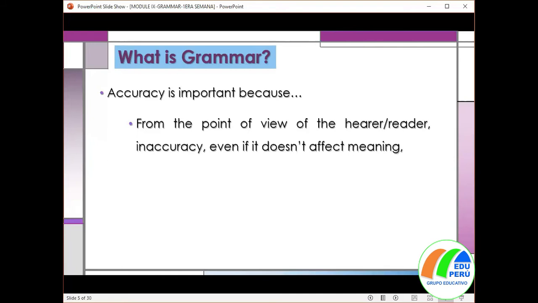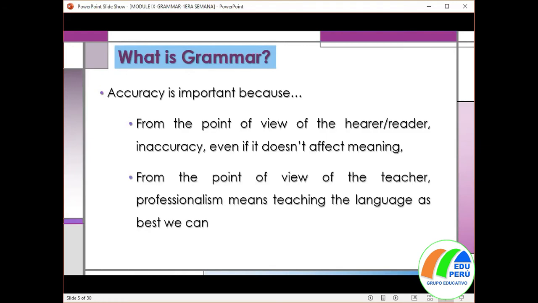Notice, inaccuracy that doesn't affect the meaning is not so important. But from the point of view of the teacher, professionalism means teaching the language as best we can. This is what Tanya was trying to say, no? We have two different ways, two different contexts.